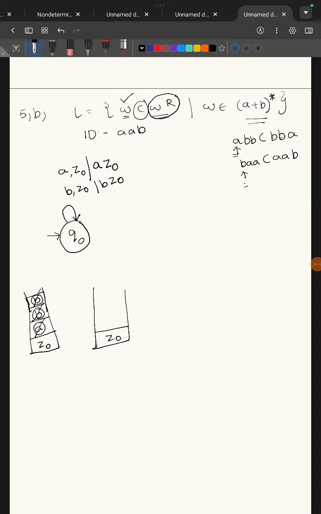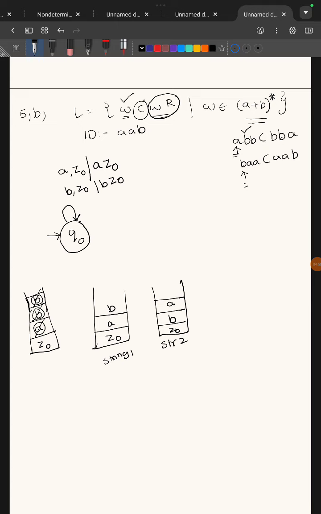Once these A's and B's are pushed inside your stack, now we are seeing B in my string. Now I have to push this B inside my stack. This is for string 1, this is for string 2. For my string 2, it is Z0 and B. What will I push now? I will push A now.